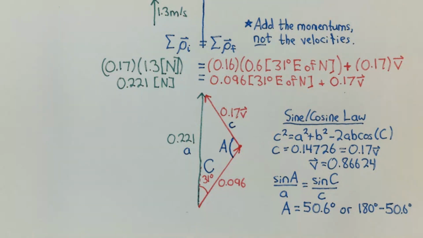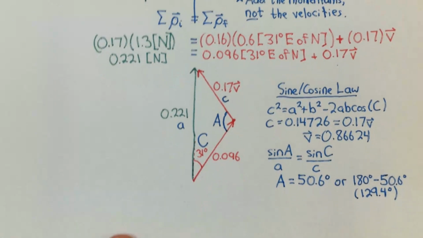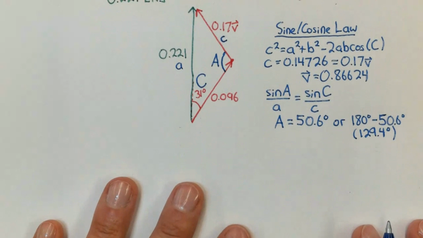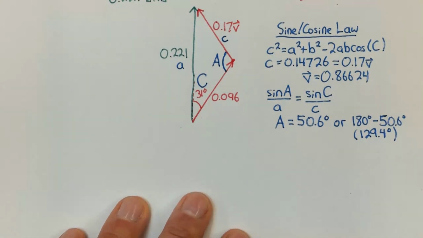So in this case, the other option is 129.4 degrees. That is a really important thing to remember. Important enough that I'm going to write it down for us here. This is called the ambiguous case of the sine law.